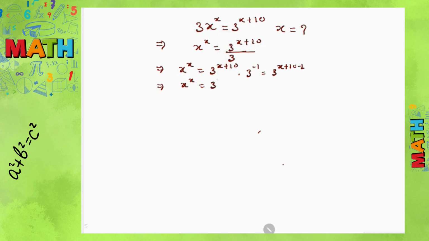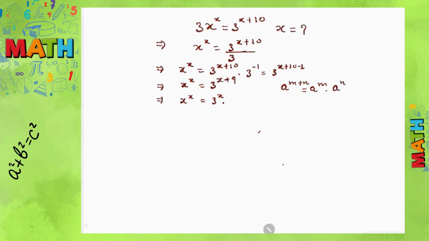x^(x+9). Okay, now let's take x to the power on one side. So we will write this as x^x is equal to 3^(x+9), and this can be written using a^(m+n) = a^m times a^n.